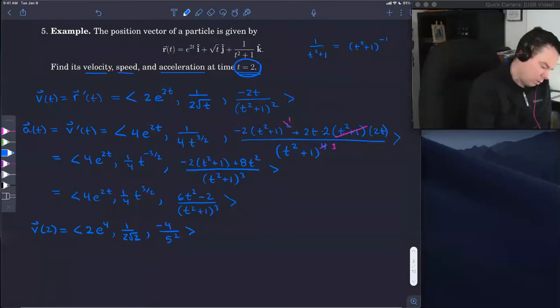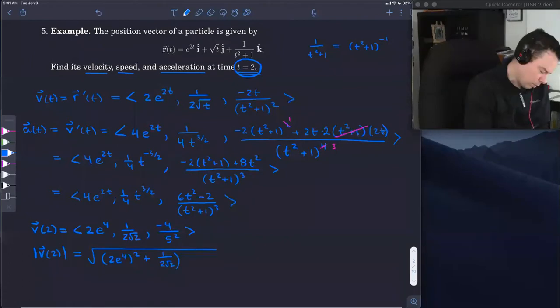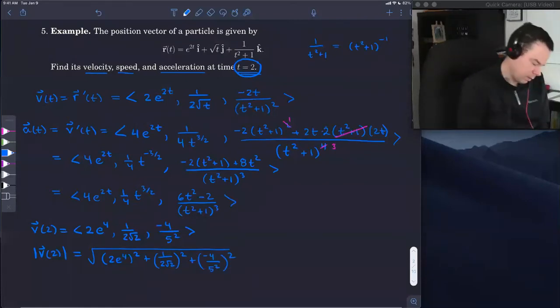We're also interested in speed. So speed is the magnitude of our velocity. And this is then the square root of 2e to the 4 squared plus 1 over 2 root 2 all squared plus -4 over 5 squared all squared.